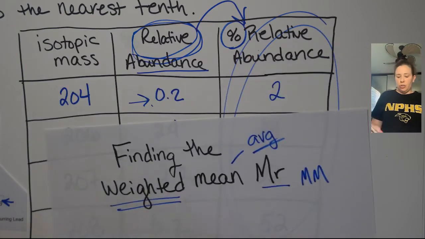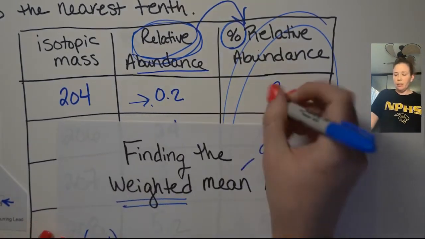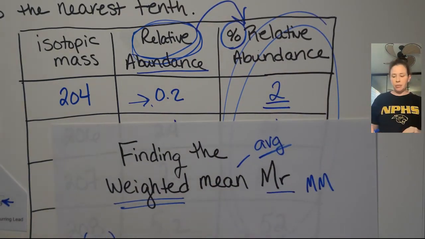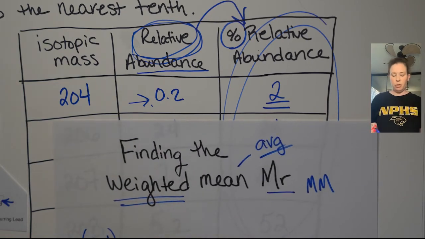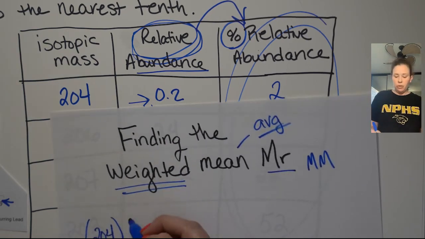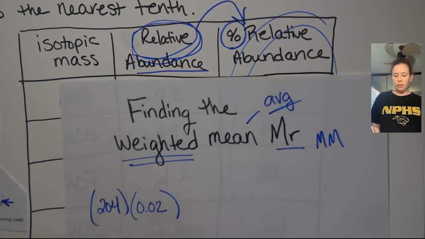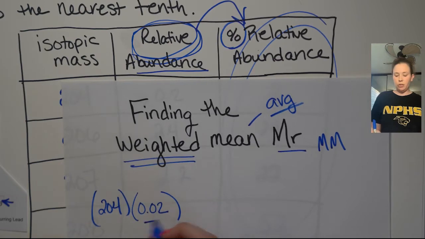So if I look at the 204 isotope, we only have 2% of all of the atoms out there of this, only 2% of them have a molar mass of 204. So that's going to weigh in at 0.02 of the molar mass. So basically you take your percentage and convert it back to the decimal version of the percent to get how that affects the total mass.